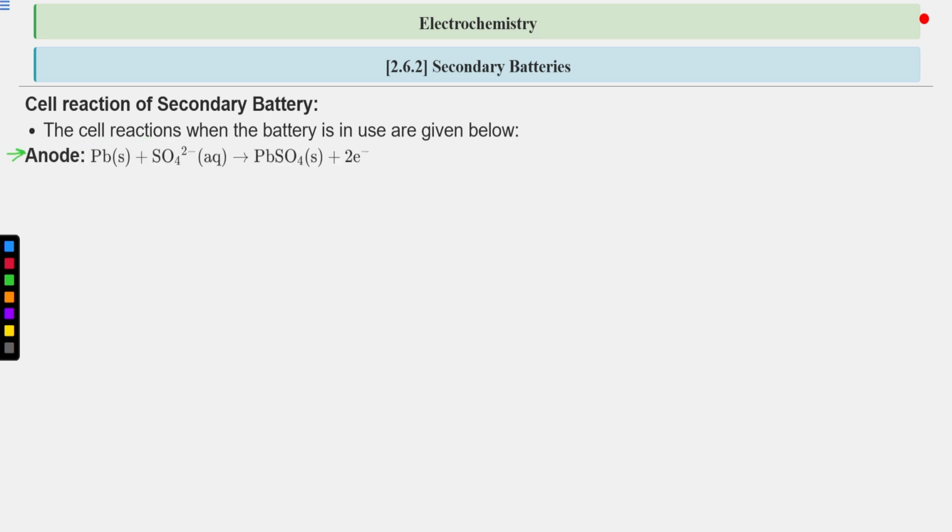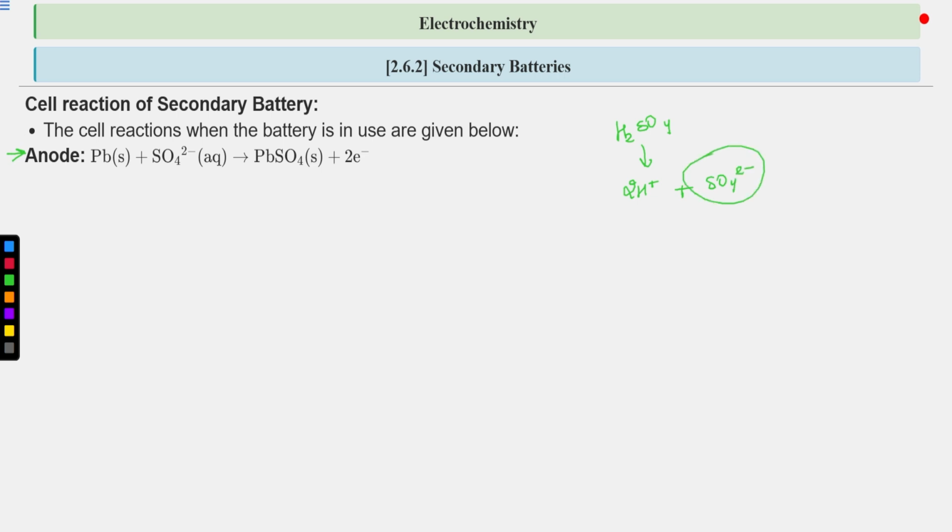At the anode, the lead in the solid state gains sulfate, SO4 2 minus ions, in the aqueous medium of the electrolyte, the 38% solution of H2SO4. The H2SO4 electrolyte gives us 2H plus and SO4 2 minus.